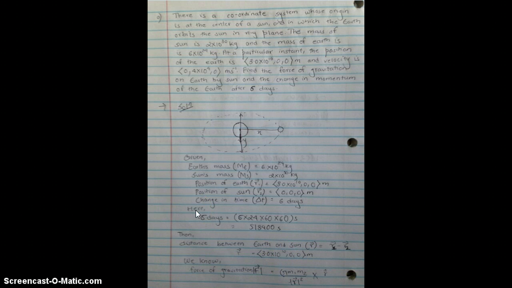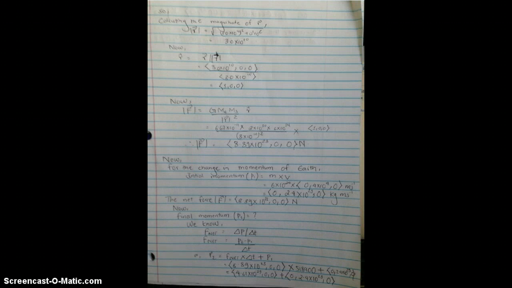And we know that the force of gravitation, let's assume that to be F, is G times mass of the earth times mass of the sun divided by square of distance between them times unit vector r cap. Before we find the force of gravitation, we need to get the magnitude of r and the value of r cap.